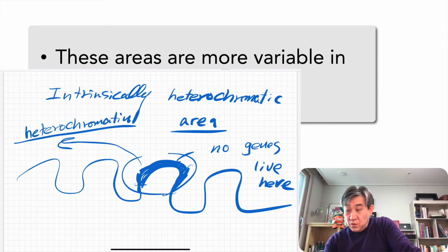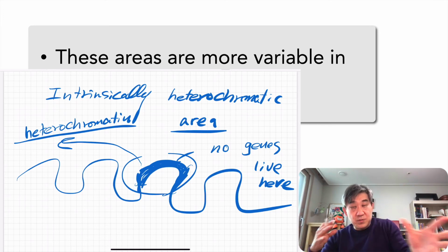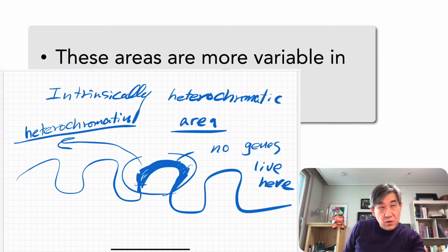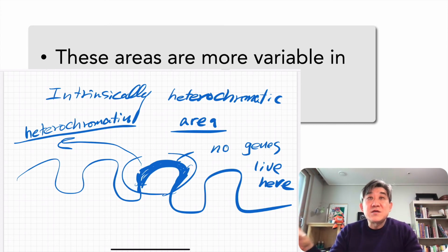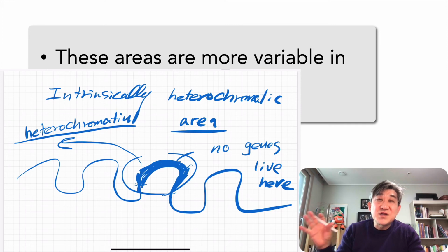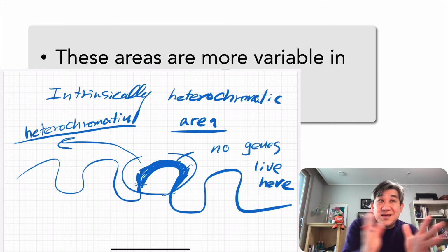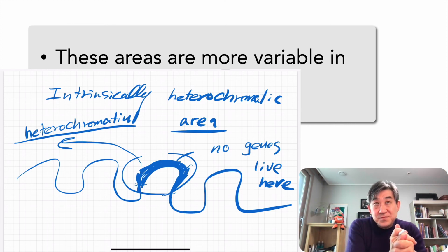Why? Because there are no genes. I don't need to worry about any. So that's the relationship between this no-gene area on your chromosome and the status of chromatin condensation: it is heterochromatin, relatively more tightly condensed.